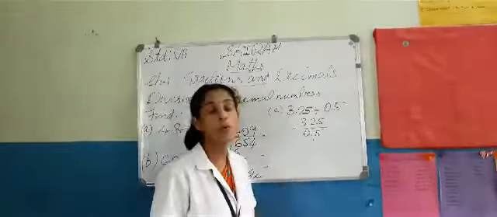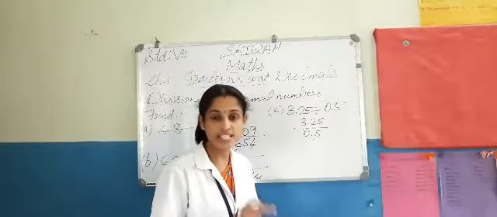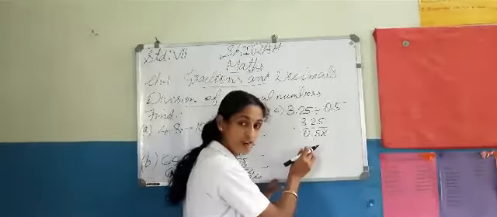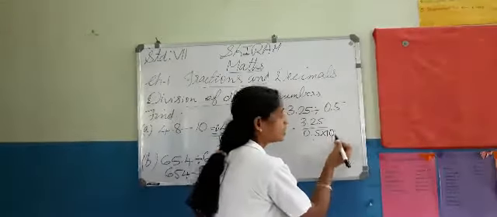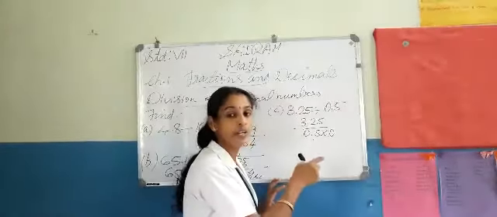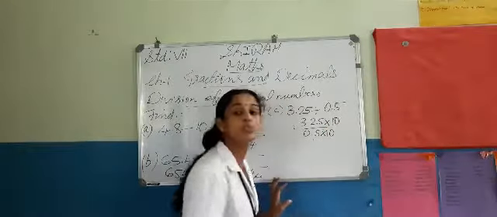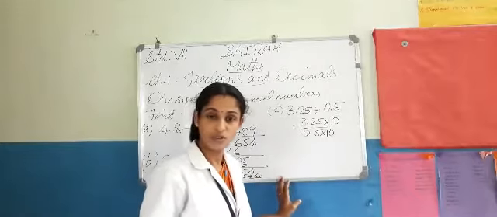Here in 0.5 there is only one decimal place, so multiply this divisor by 10 to get a whole number. At the same time you want to multiply the numerator also.